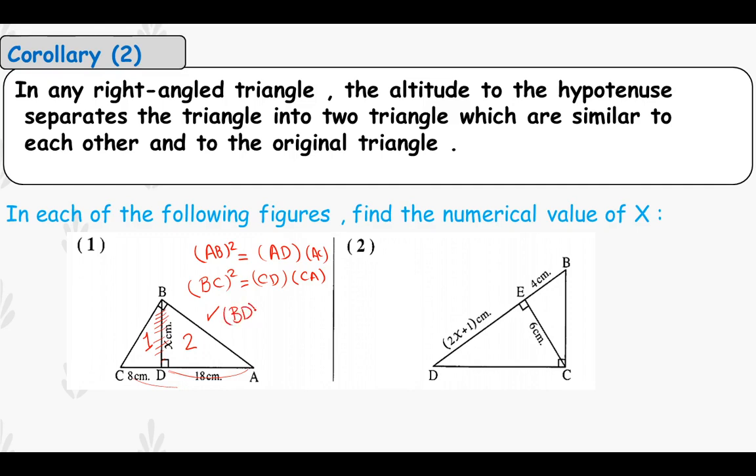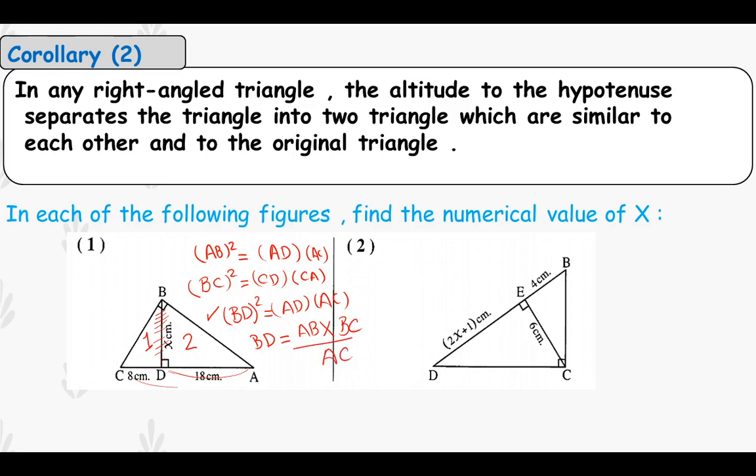To find BD squared, you multiply AD multiplied by DC. Another way, if you want to find BD directly without the square, you multiply AB, the two sides of the right angle, AB multiplied by BC over the hypotenuse AC.